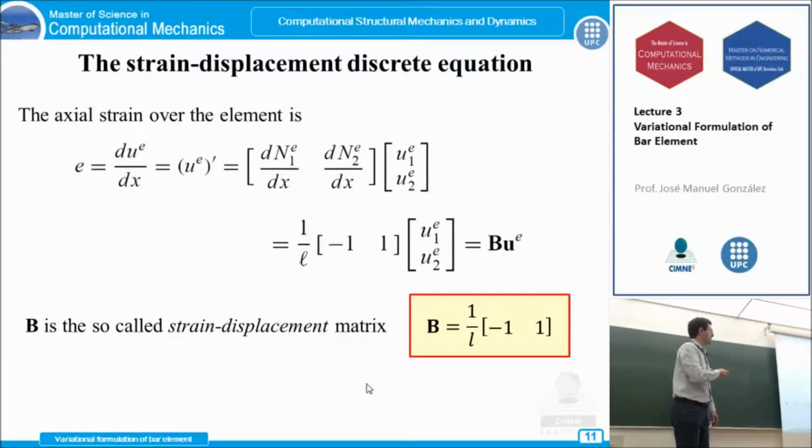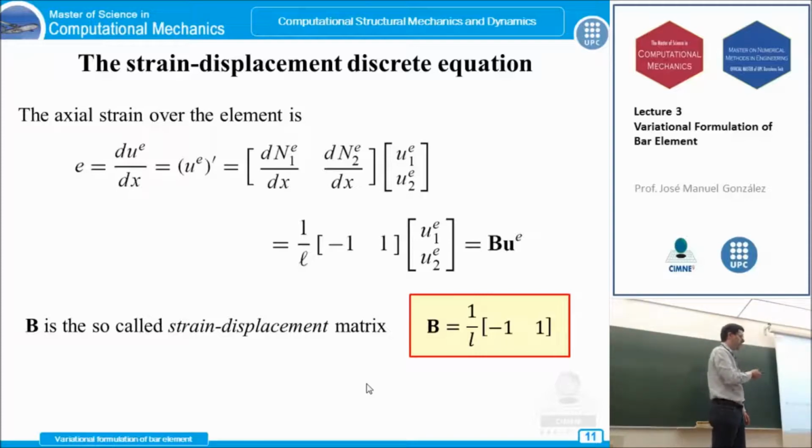Now we're going to talk about displacement, strains, and stress. We're going to translate our discrete formulation to the strain and the stress formulas using the expressions we have seen in the first week. The axial strain is the first derivative of the displacement with respect to x.